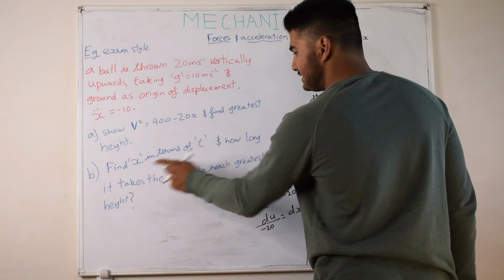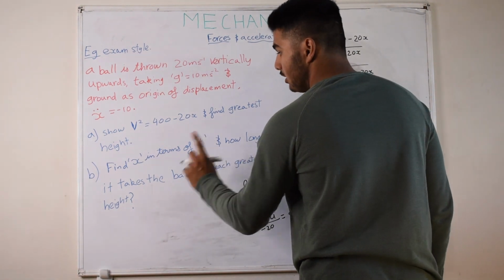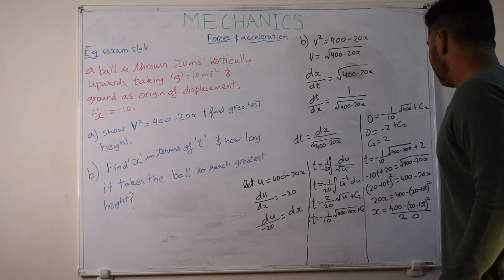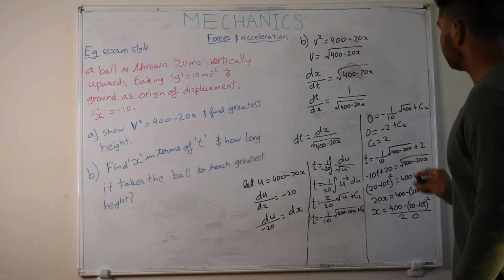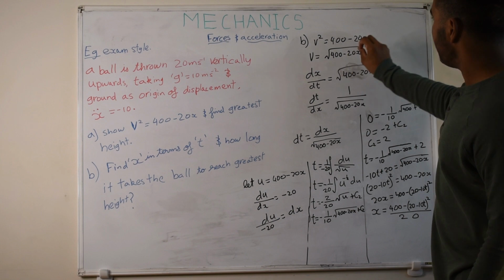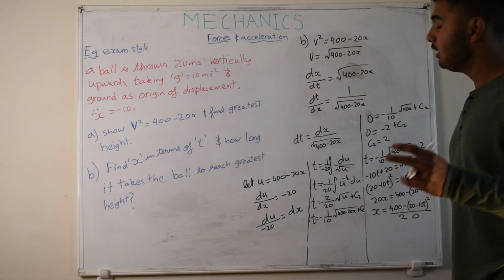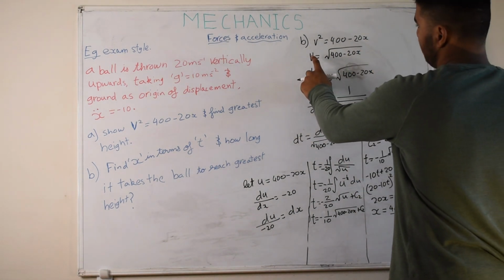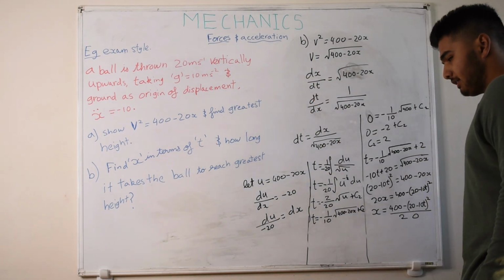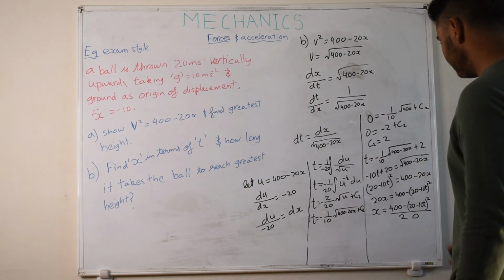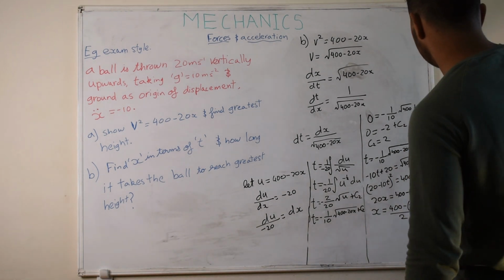Next part is how long it takes the ball to reach the greatest height. Time taken to reach greatest height, correct? So when x equals 20, that's when v equals 0, correct?